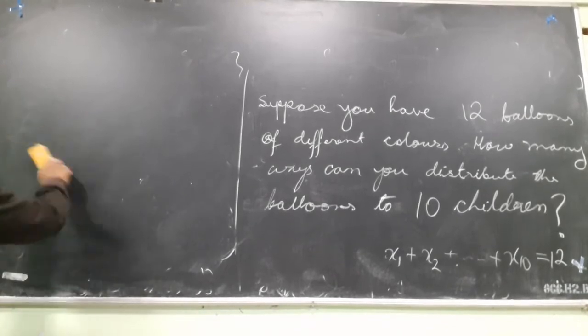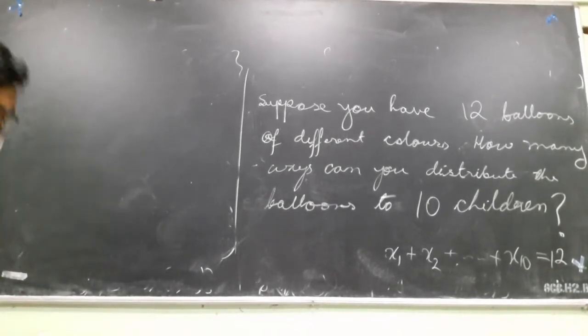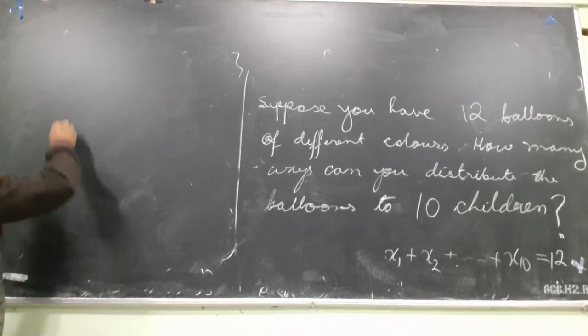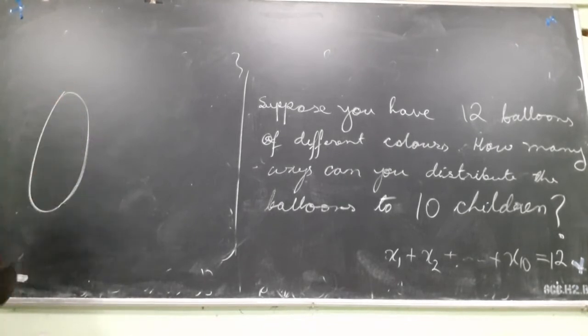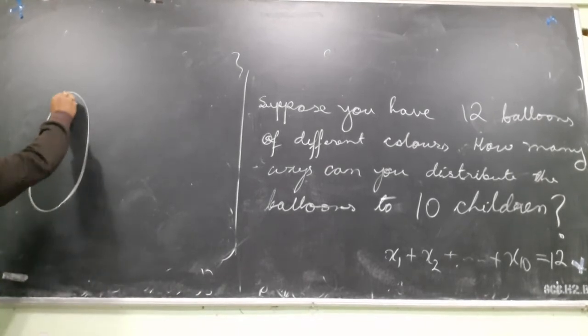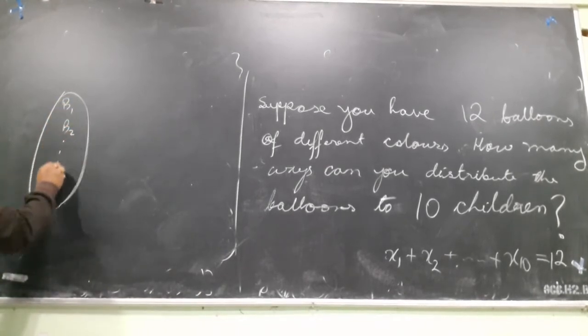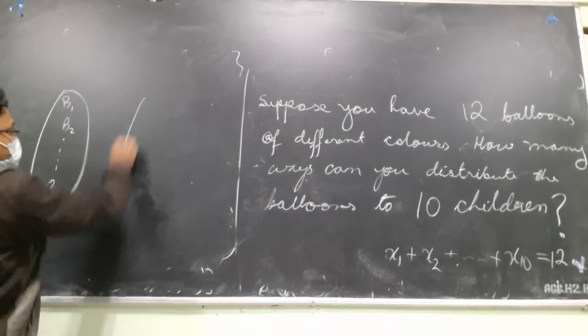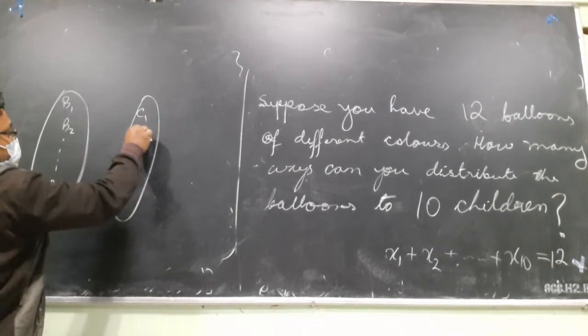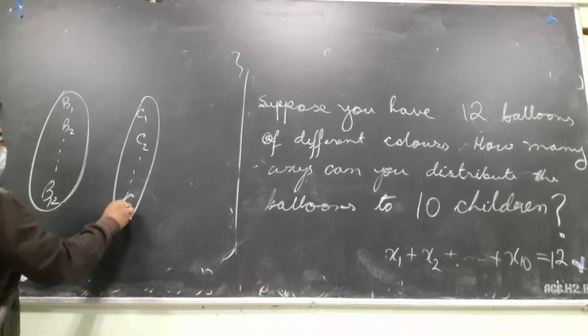Another way of looking is just the functions. We have balloons of different colors, B1, B2, up to B12. 12 balloons are there, and the children are C1, C2 up to C10.